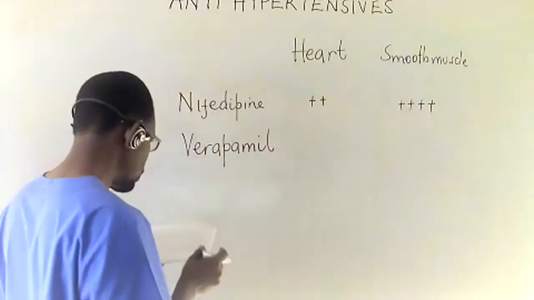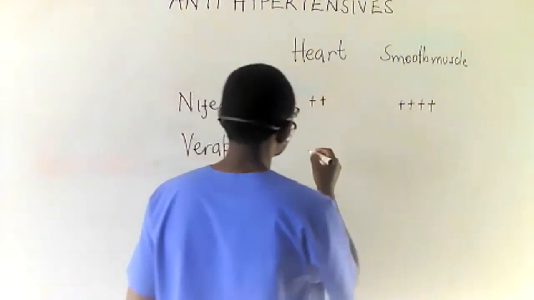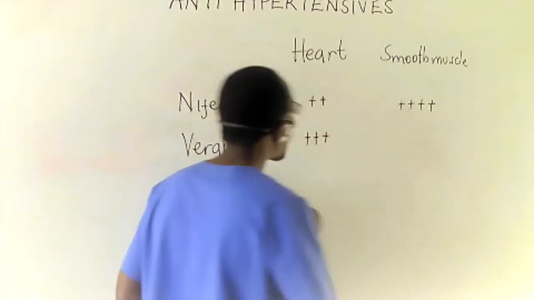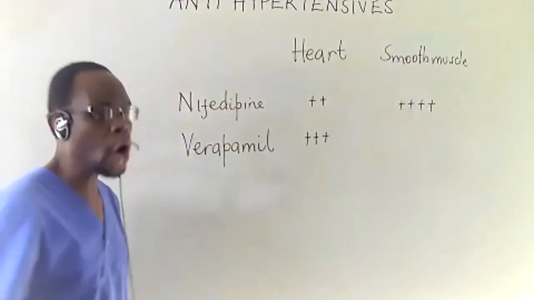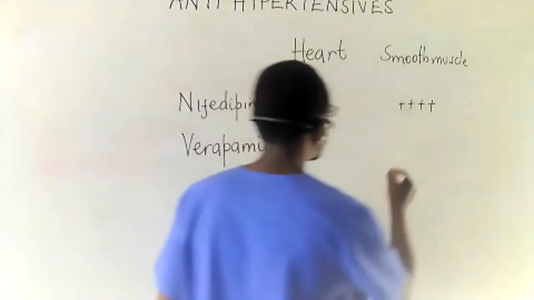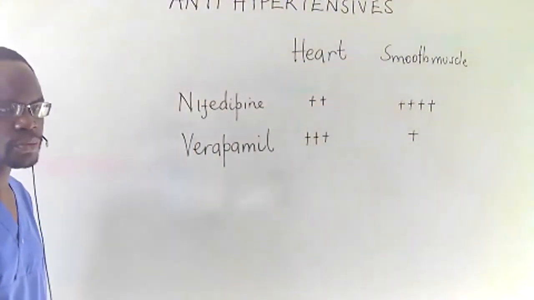Verapamil has more effect on the heart. In other words, it blocks calcium channels mostly within the heart and less within the smooth muscles.